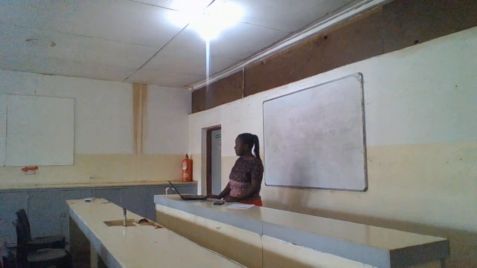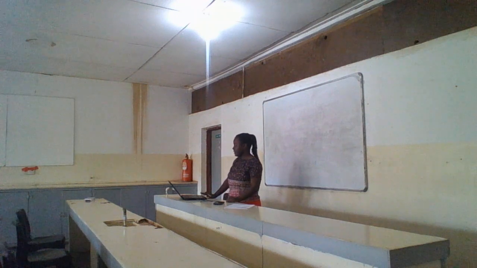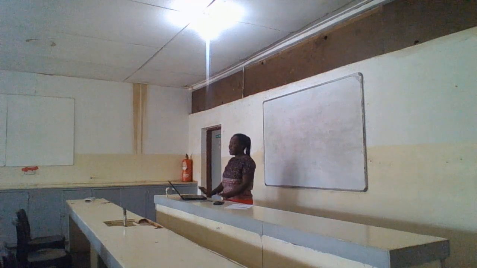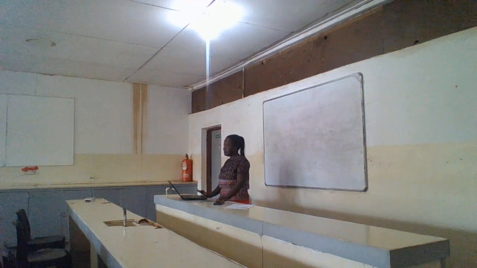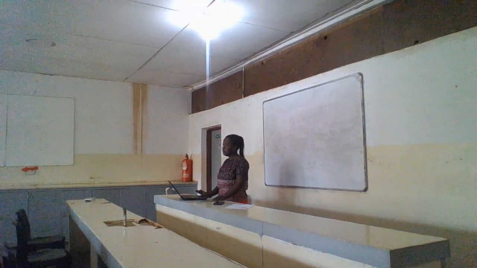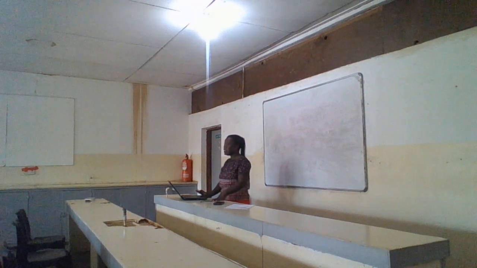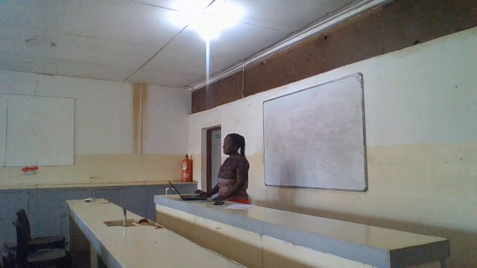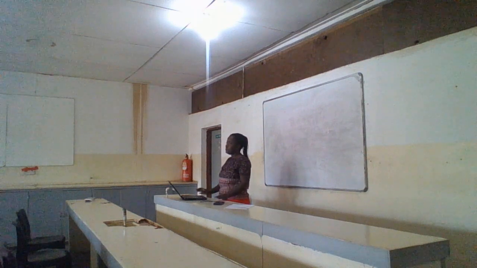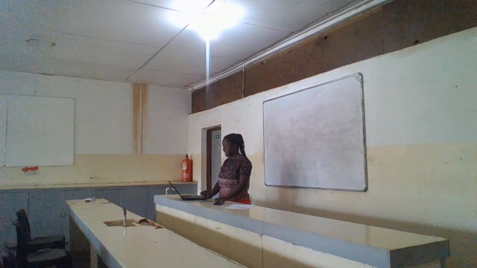I'm sure you were all able to explain it. When we're looking at vulnerability, we're looking at how exposed people are to disasters, how vulnerable they are to disasters. So we're looking at those factors that increase vulnerability, that make people vulnerable to disasters.